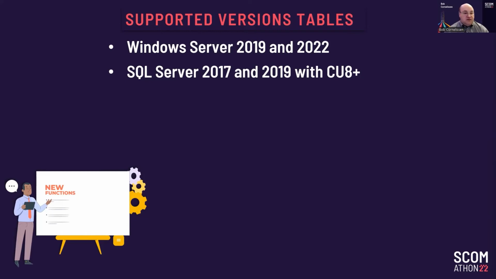Because SQL 2022 is still in the future, nothing can be said about the supportability with that version at this moment in time. So we are looking at SQL 2017 and 2019 for now.